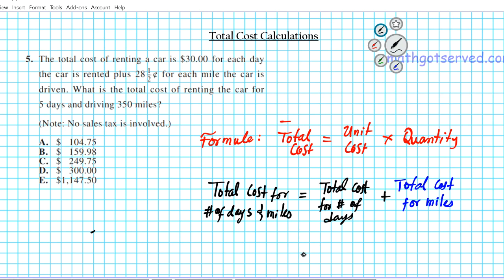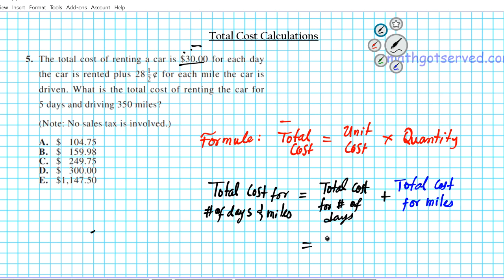All right, so let's direct our attention to days. How many days was the car driven, and what's the unit cost? So the unit cost for renting a car is $30. How do we know? Because the problem says it's $30 for each day. So that's the unit cost per day.